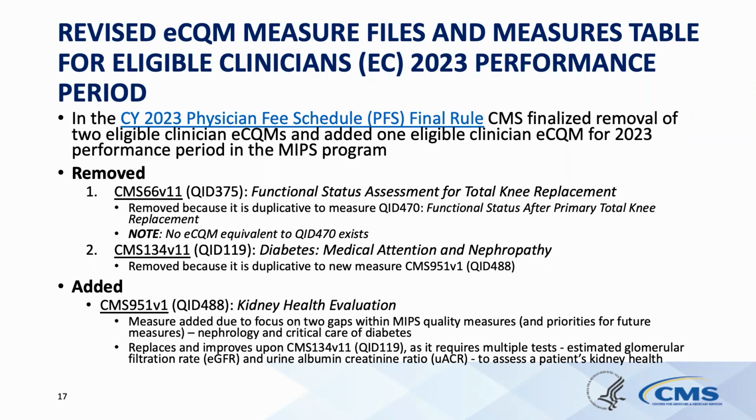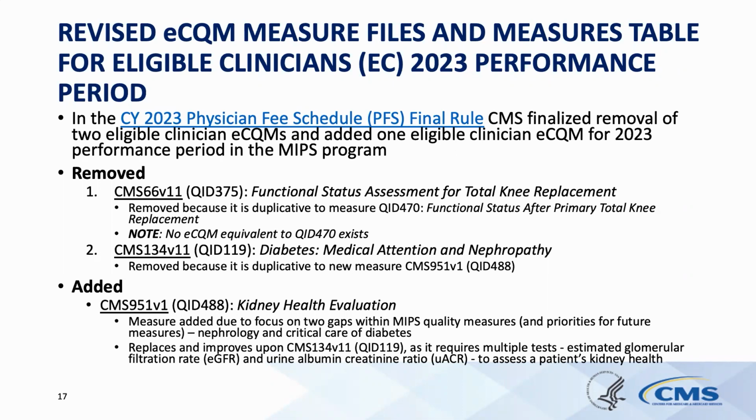And there was 1 eligible clinician eCQM measure added, and that would be CMS 951 version 1, Quality ID 488, or kidney health evaluation. Now, this measure was added due to focus on 2 gaps within MIPS quality measures and priorities for future measures, including nephrology and critical care of diabetes.